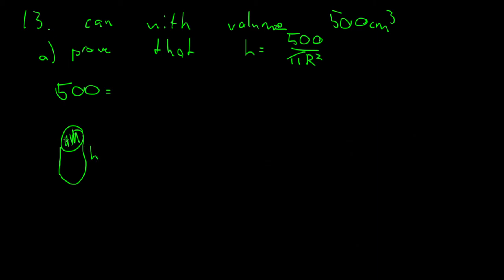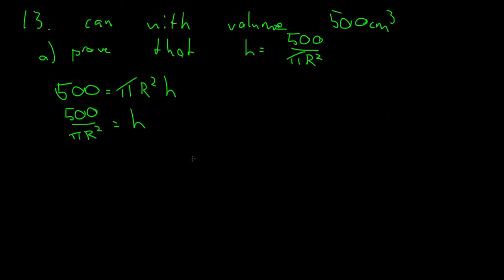The area of this is pi r squared, and multiplied by h gives you the volume of the can. So we've got 500 equals pi r squared h, and then from there we just divide both sides by pi r squared to give 500 divided by pi r squared equals h. And yeah, that's pretty obvious, but just make sure you make it really clear that you're dividing both sides by pi r squared.